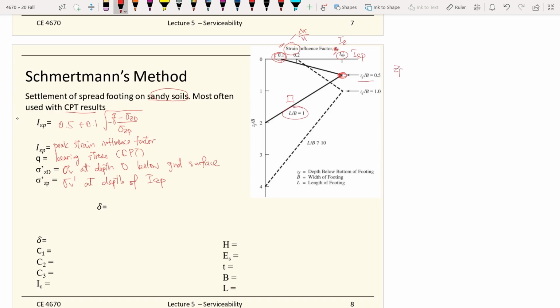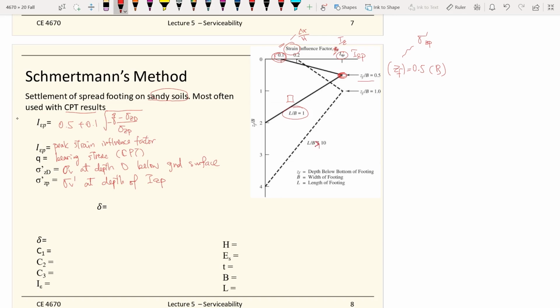So if you want to find C sub F, it will be equal to 0.5 times your width of foundations, and then after you know this depth, you can calculate your vertical stress at that point. That will correspond to the effective stress at the depth of the peak strain influence factor, and this one is greater.